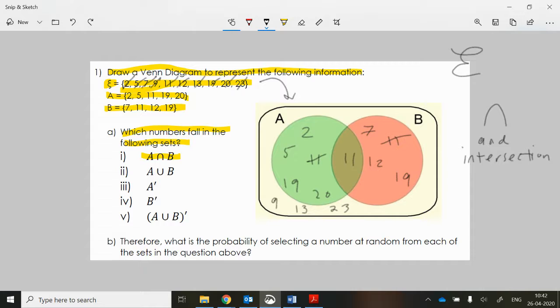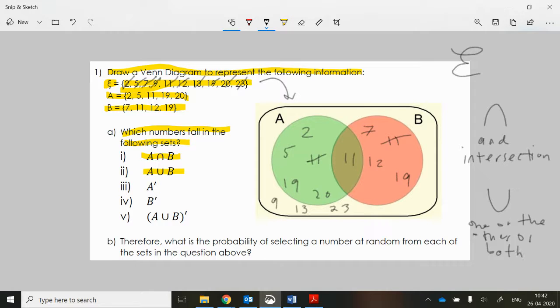So which numbers fall in the following sets? Well, you can see the number which is there, and you can write that down as your answer. There's only one answer there. For the second part, the U means union. So it means one or the other, or both.